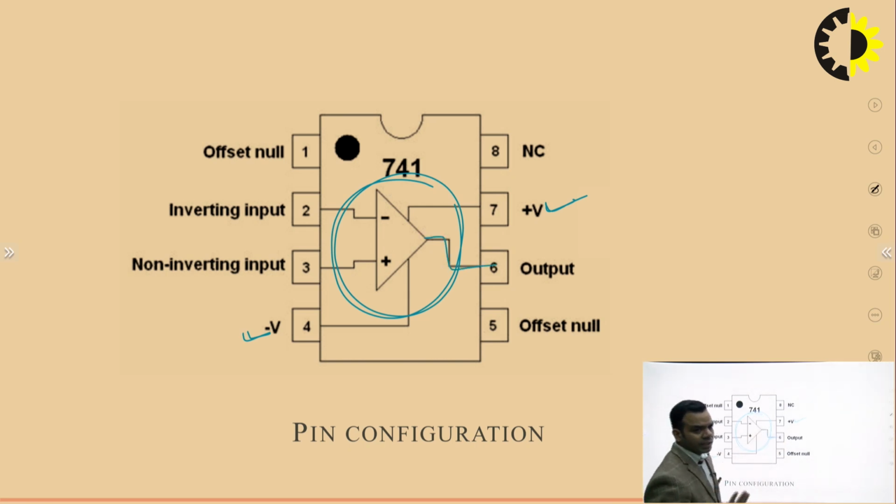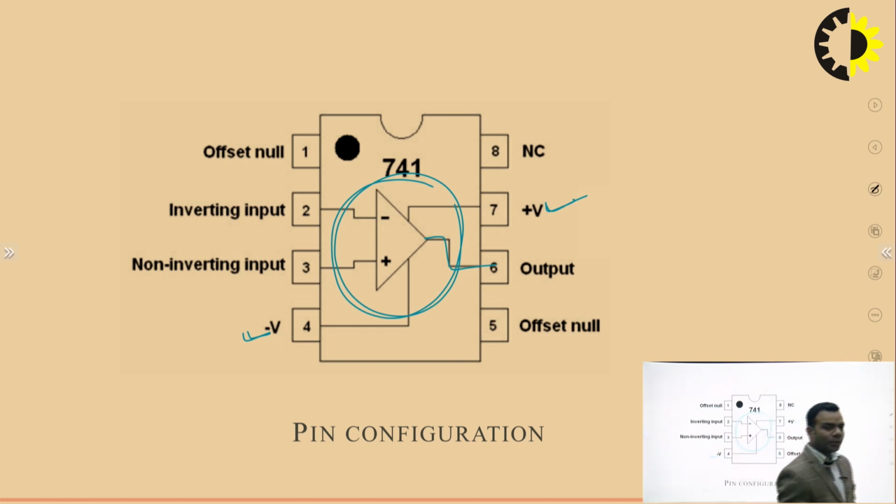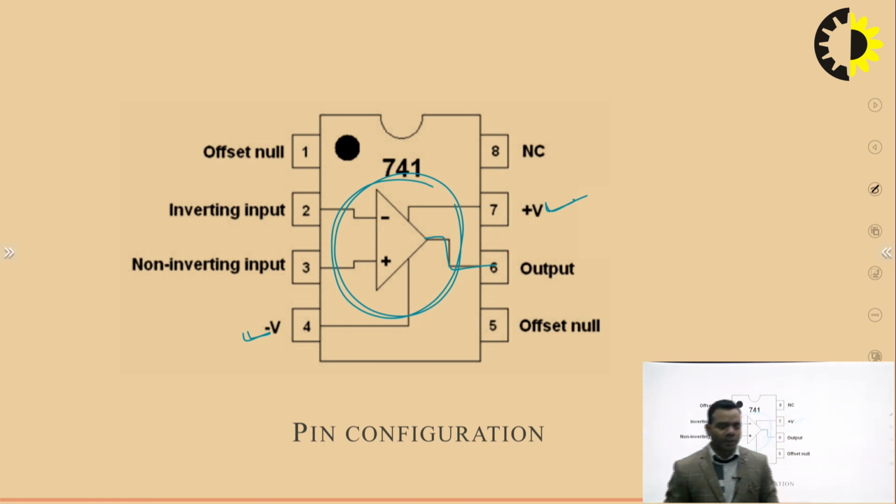So, these 3 connections are fixed connections. Then if you want to give input at the inverting terminal, that means the negative terminal, you can give that input at pin number 2, while pin number 3 works as the non-inverting input terminal.